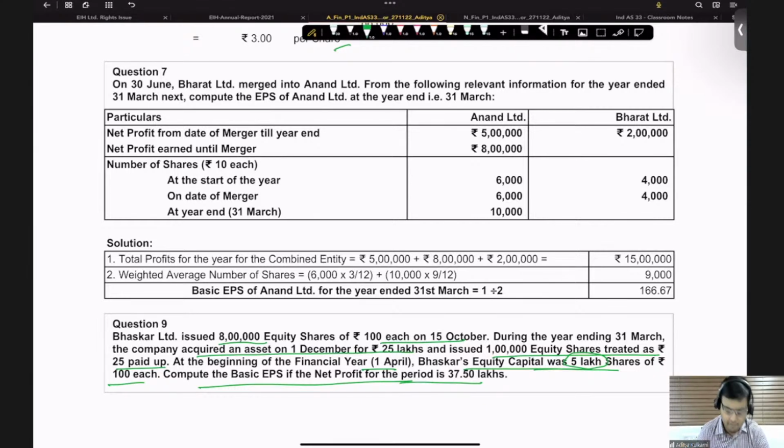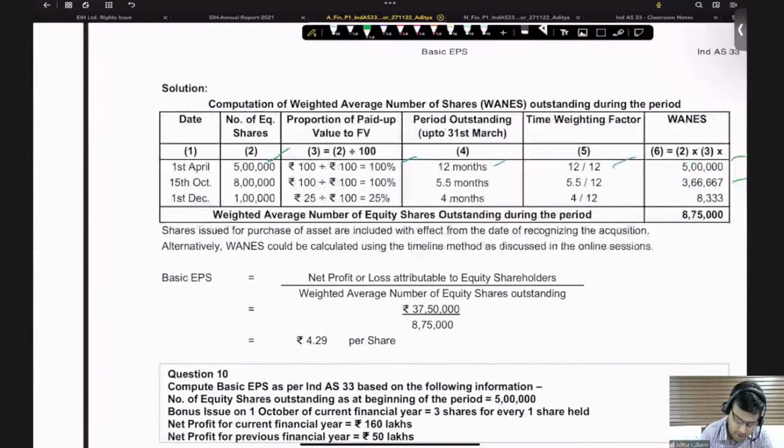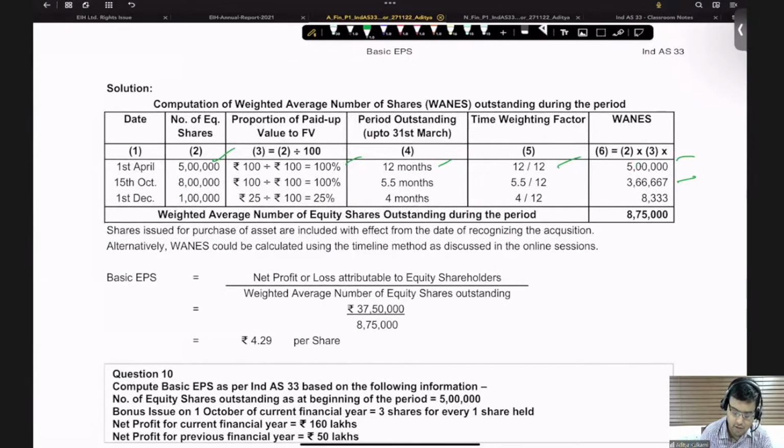So we have paid only 25%. So 1 lakh into 25% into 4 by 12. That comes to 8,333. So the total is 8,75,000. After that, it's just a matter of dividing 37.5 by 8.75, which gives 4.29 per share.